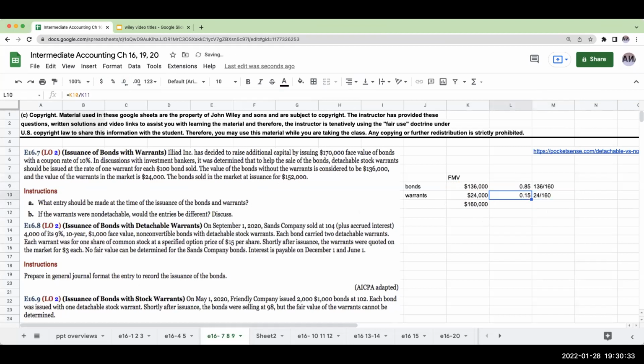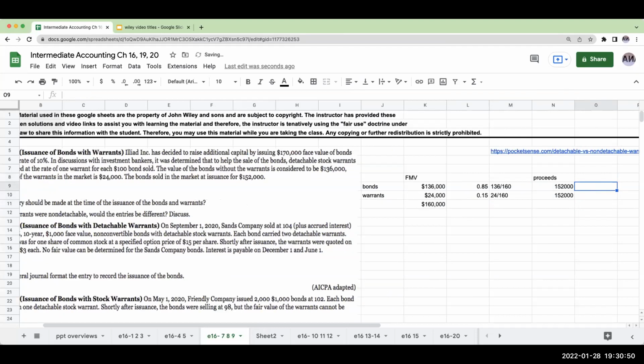This is telling me that the warrants, in terms of fair value, are 15% of the total fair value, and the bonds are 85%. So I'm going to take my proceeds of 152,000 and multiply it by 85% and by 15%. This tells me how much to allocate to the bonds and then to the warrants.